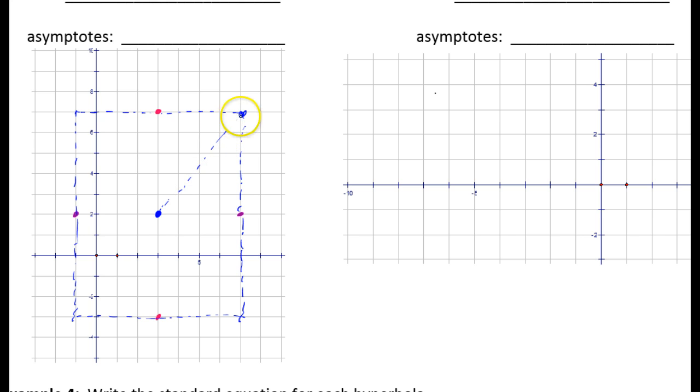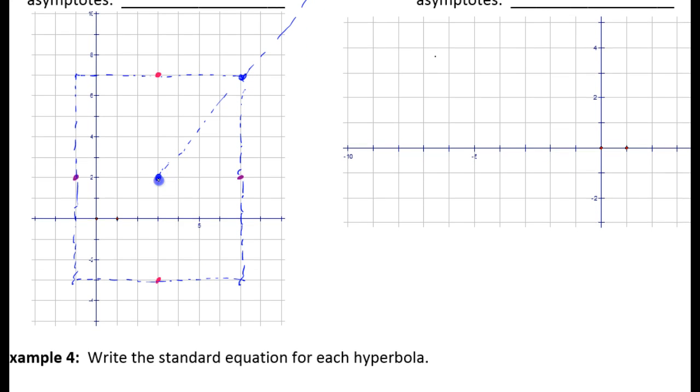So I'm going to have an asymptote that goes like this, and I'll have an asymptote that goes like this.